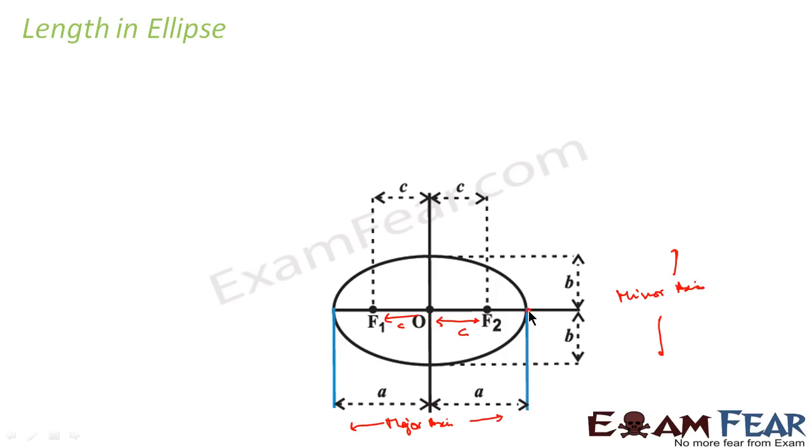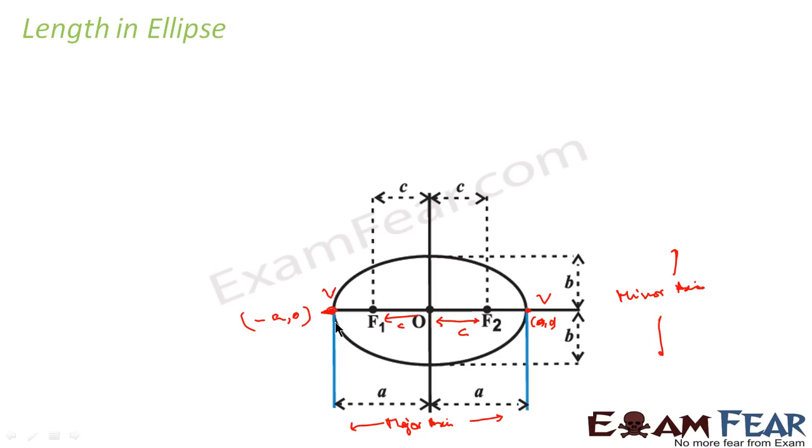So the vertices are at a distance a: (a, 0) and (minus a, 0). These are the vertices.